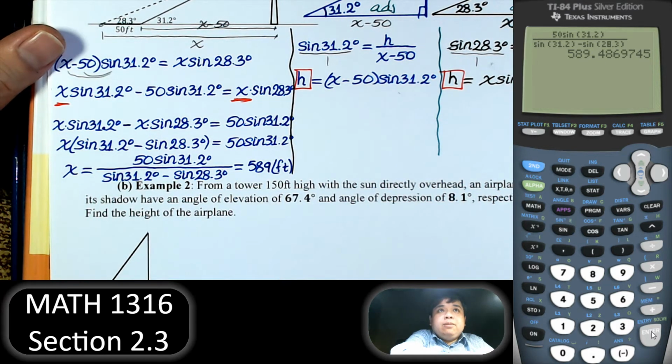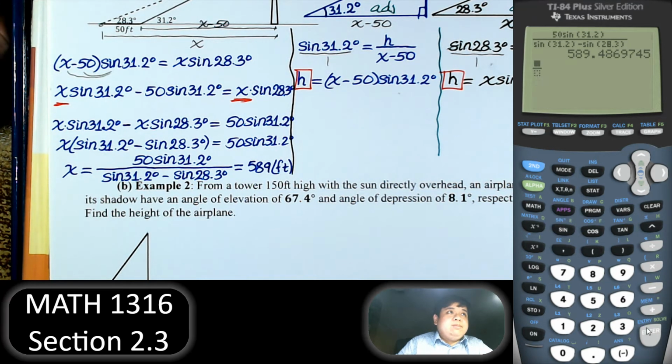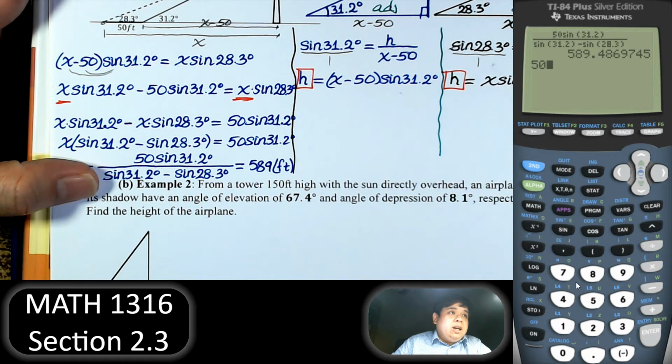So if the calculator gives us a fraction, we can type exactly as we see it. Or if we cannot do that, we just say 50 times the function of 31.2 divided by the function of 31.2 minus the function of 28.3.